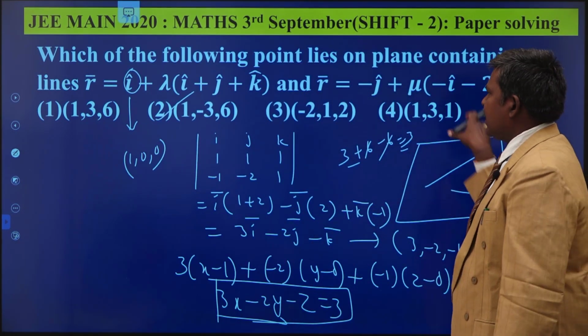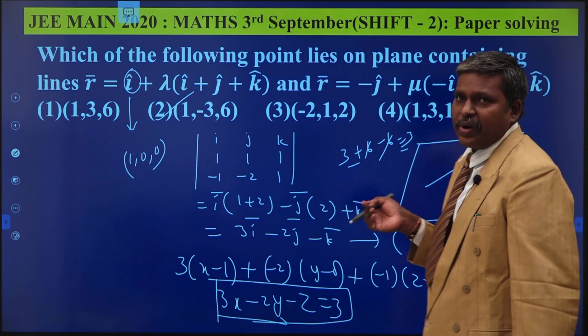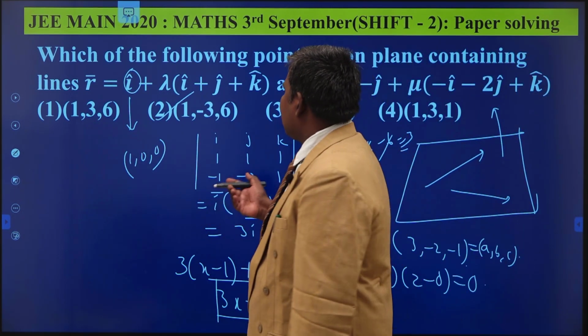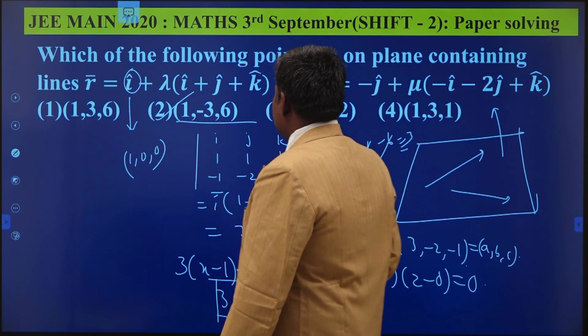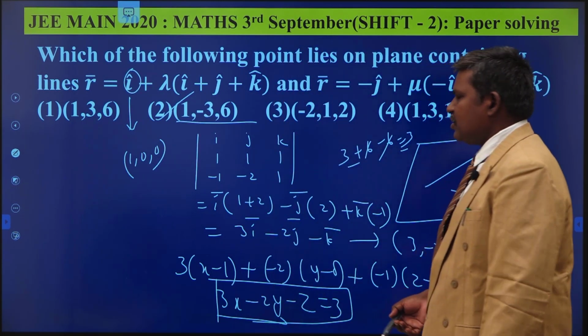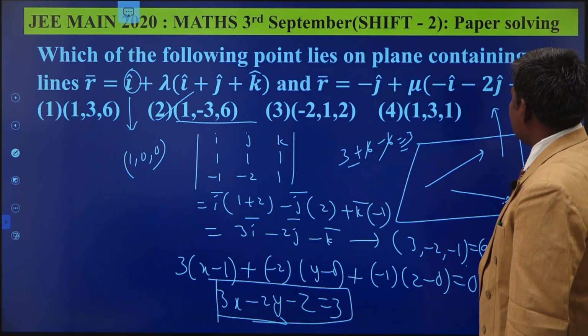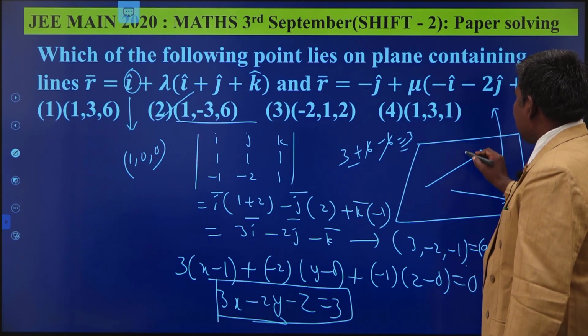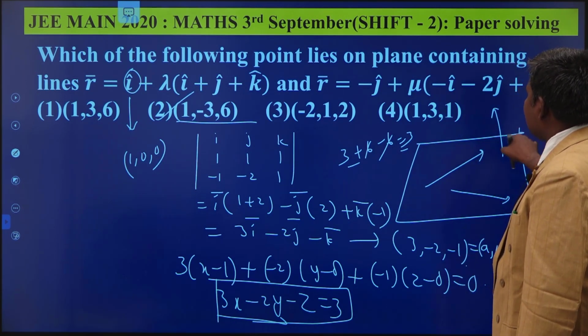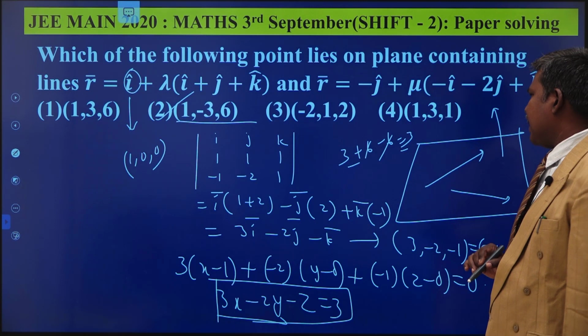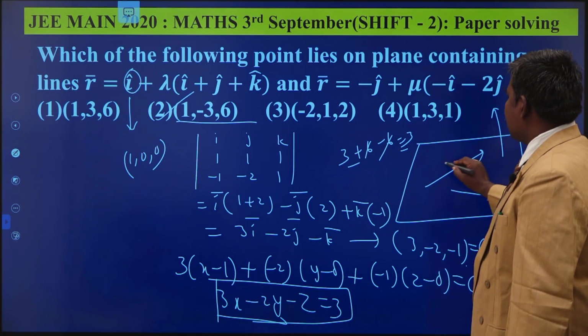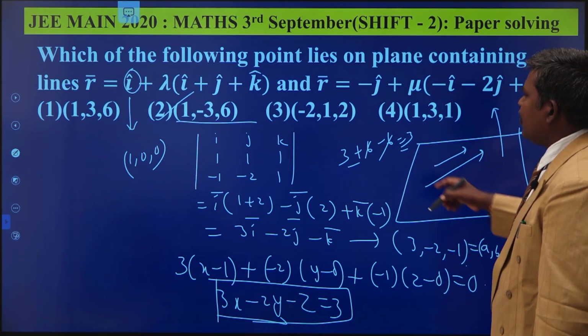So you just find the plane equation, substitute the point, and we obtain the required answer. 1, minus 3, 6 is the point satisfied by this equation. So to find the equation of plane, what are we using here? A bar cross B bar, that gives the direction ratios of normal to the plane. So what are the direction ratios of the line parallel to the given line here? 1, 1, 1.